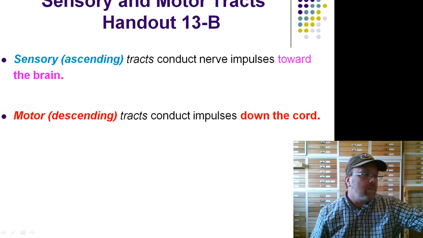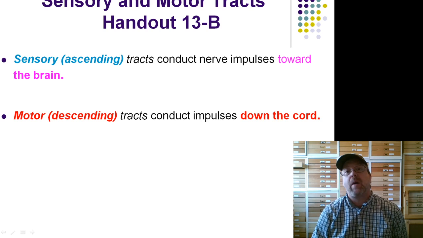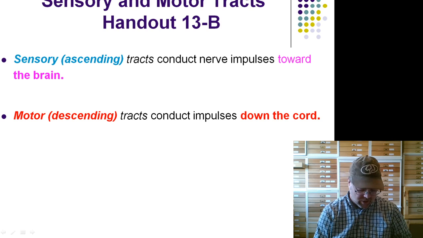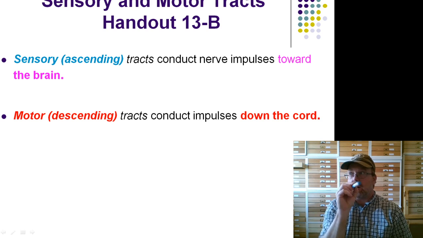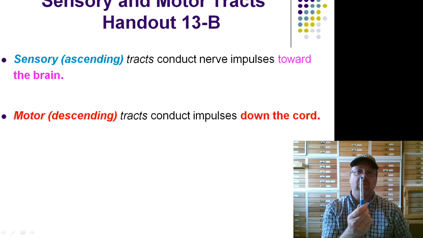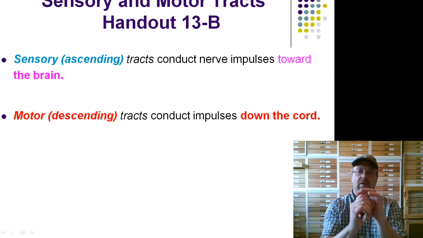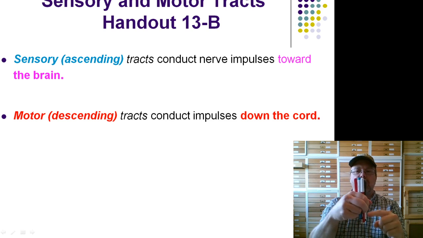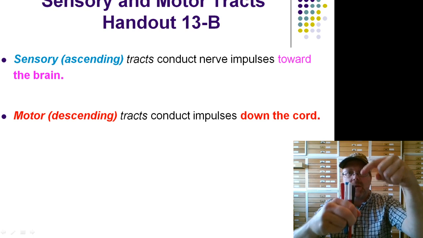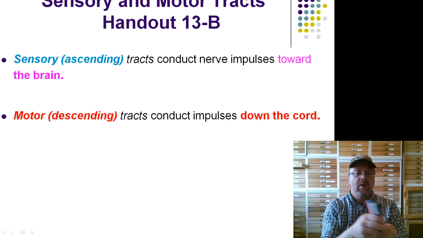So when you think about the spinal cord, don't think about the spinal cord as just one wire. All right? It's not just one wire. It's actually a bundle of wires. Some information's moving one way, some information's moving the other way, but they're one-way streets. All right?